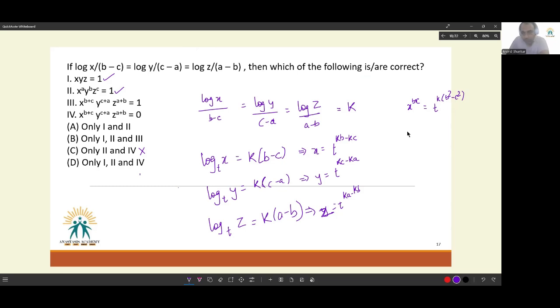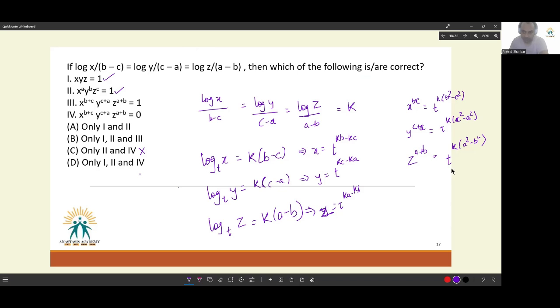Which means y raised to the power c plus a is going to be t raised to the power k times of c square minus a square, and z raised to the power a plus b is going to be equal to t raised to the power k times of a square minus b square.